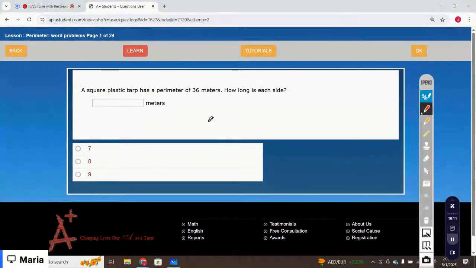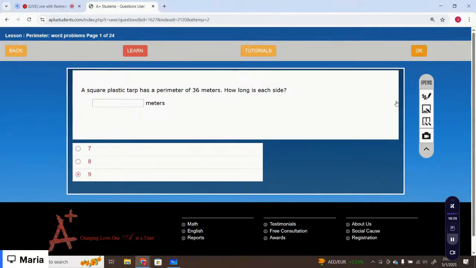The square has all 4 sides equal in measurement, so you need to divide it by 4. 36 divided by 4 is 9. So each side length of a square is 9 meters. Option number 3 is the correct option.